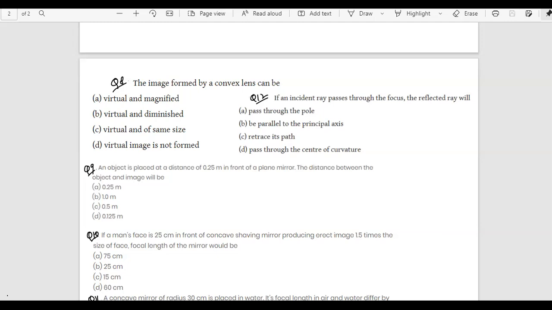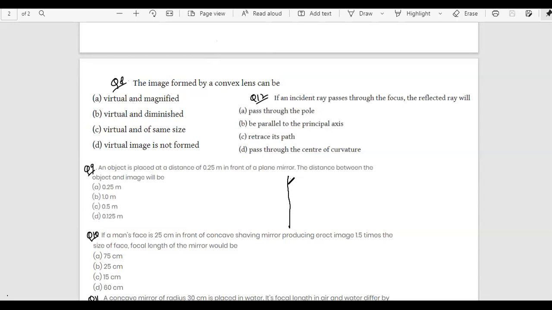The distance between image and the object will be? It's a very simple question. Tell me, beta. So 0.5 meter. Yes, it will be 0.5 meter.